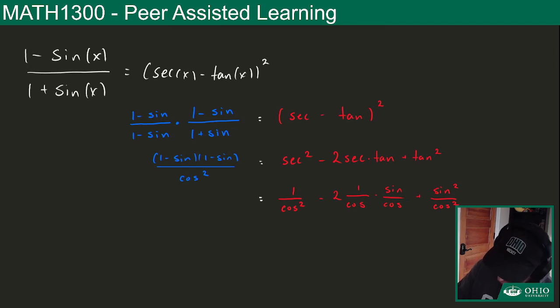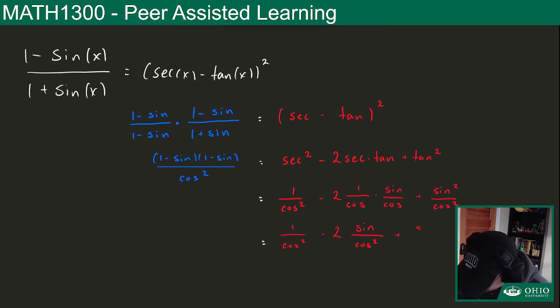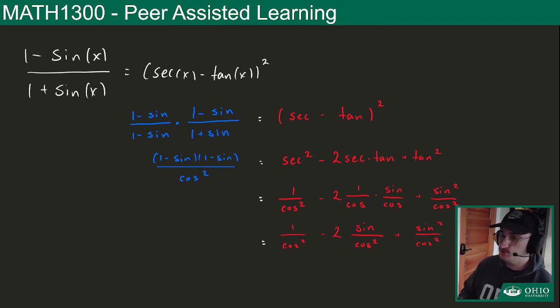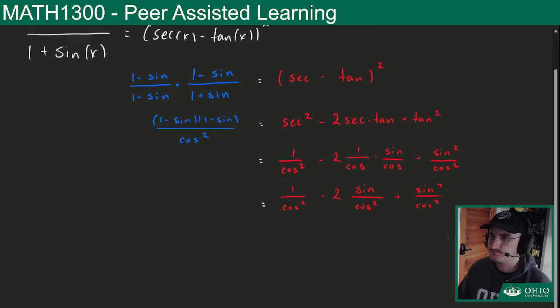And what you might notice, if I go down one more line, is that if I combine the fractions in the middle, I'm going to get sine over cosine squared plus sine squared over cosine squared. Every single one of these fractions is over a cosine squared.